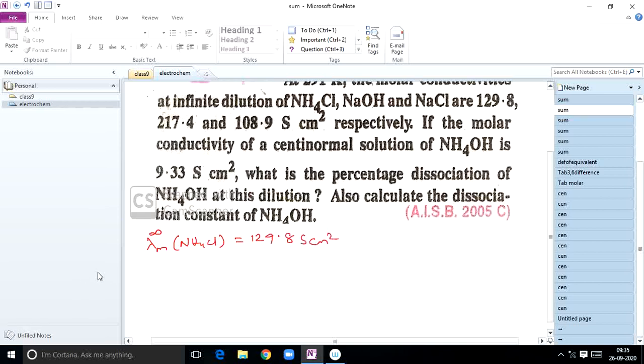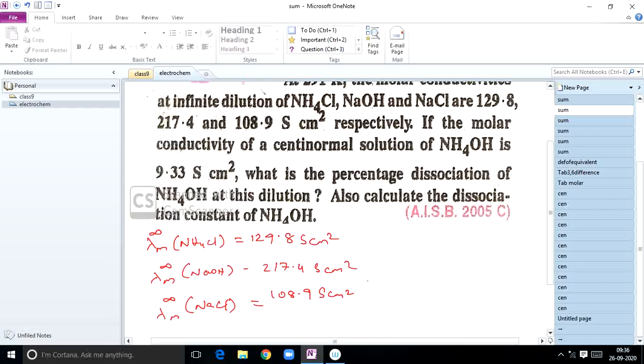Lambda m infinity of NaOH is equal to 217.4 Siemens centimeter square. Lambda m infinity of NaCl is given, 108.9 Siemens centimeter square.